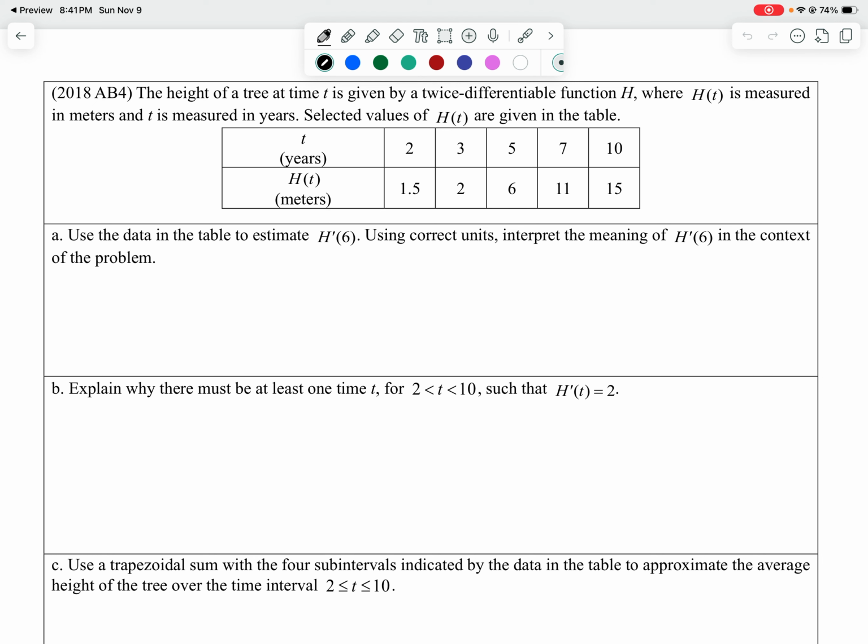Part A, a lot of us got h prime of 6 correct, but then you didn't read the part where I told you to interpret the meaning of h prime of 6 in the context of the problem. Emphasis on context. So if you just said that h prime of 6 was equal to 5 over 2, and you said that it grew at a rate of 5 over 2, what rate?